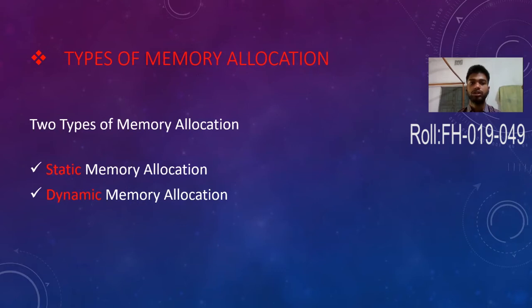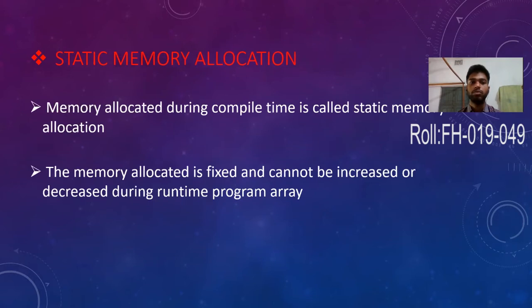Types of memory allocation. There are two types of memory allocation: static memory allocation and dynamic memory allocation. Static memory allocation: memory allocated during compile time is called static memory allocation. It should be very clear that the memory allocated during compile time, or the time the programmer is creating the program, is called static memory allocation.